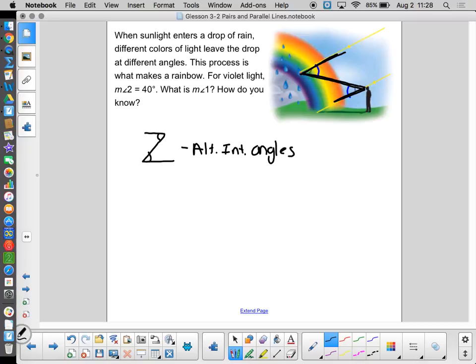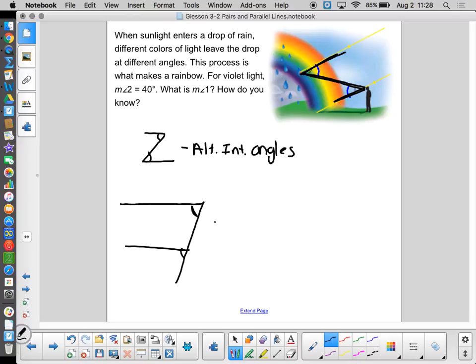That's good. Corresponding angles, you'll notice, if you have a pair of corresponding angles, what letter do we have? Now, again, this is flipped around, but that's okay.